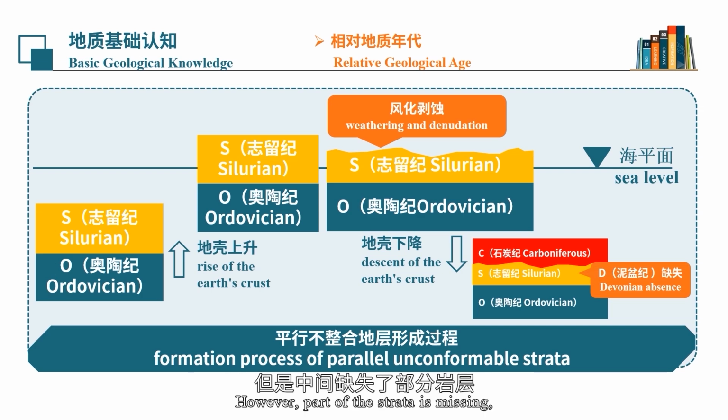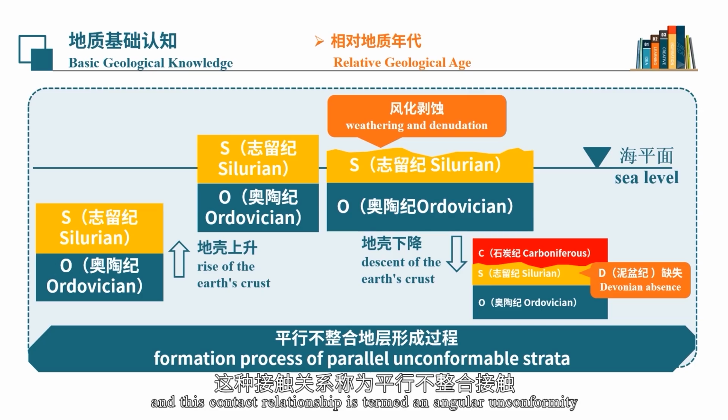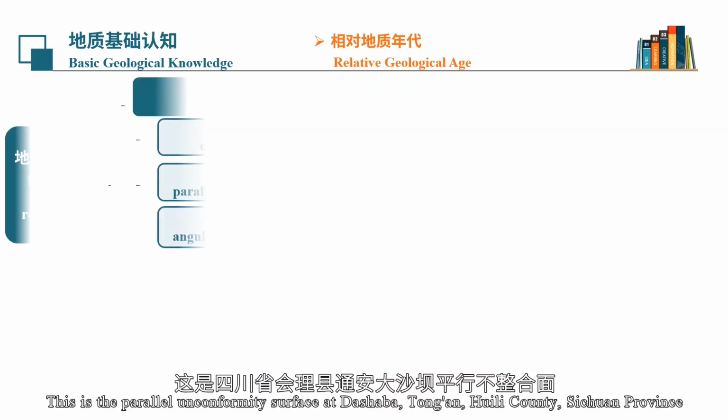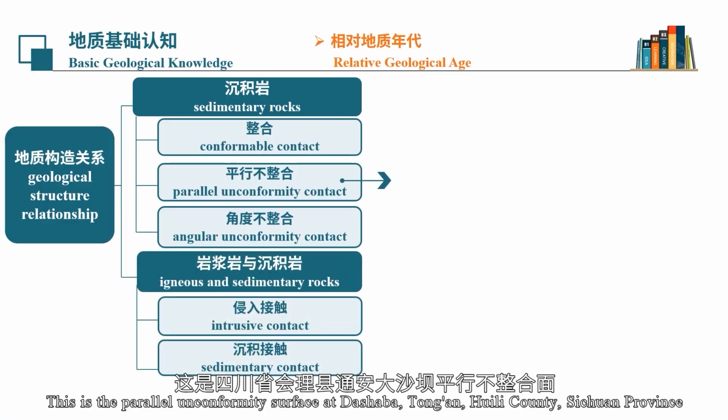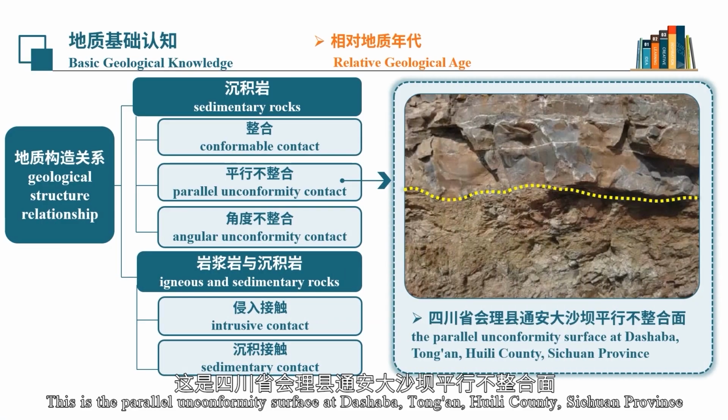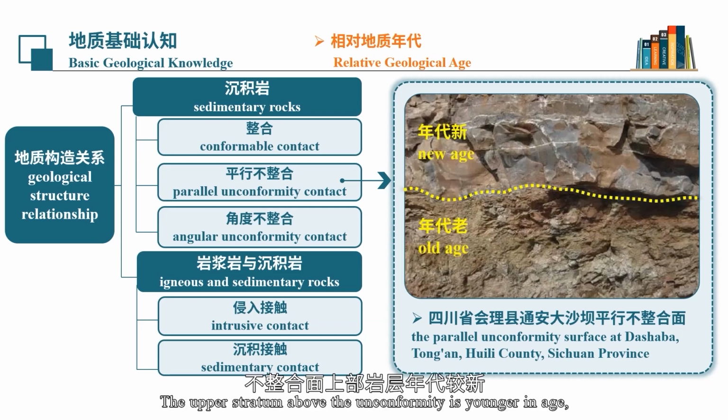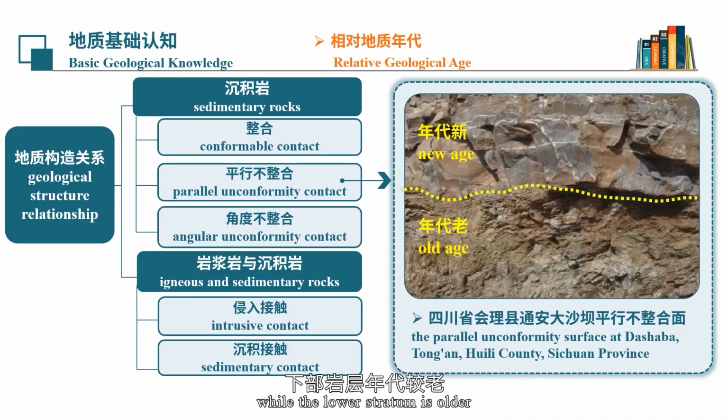However, part of the strata is missing, and this contact relationship is termed a parallel unconformity. This is the parallel unconformity surface at Shaba, Tong'an, Huili County, Sichuan Province. The upper stratum above the unconformity is younger in age, while the lower stratum is older.